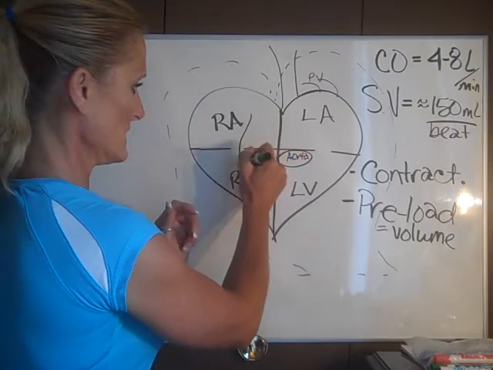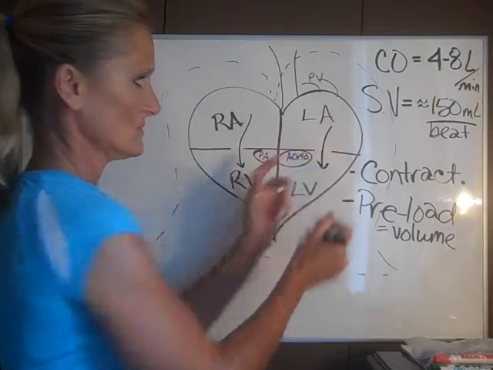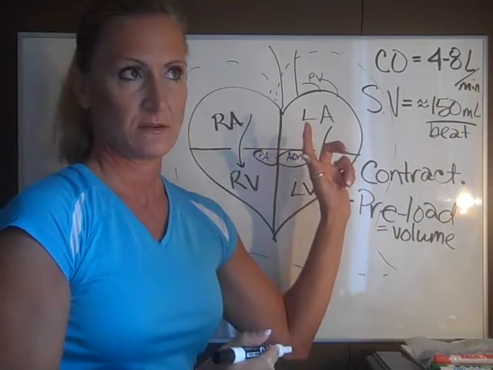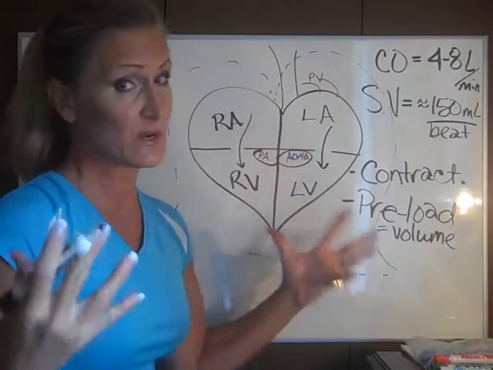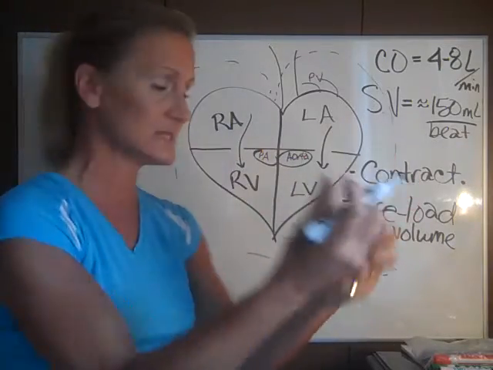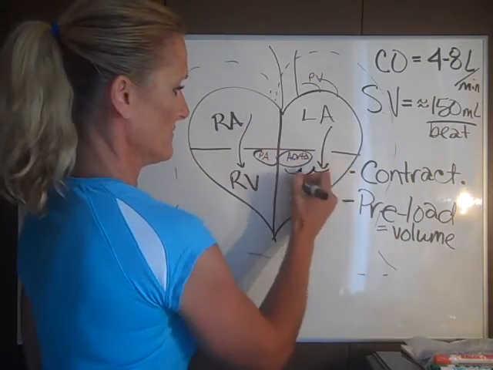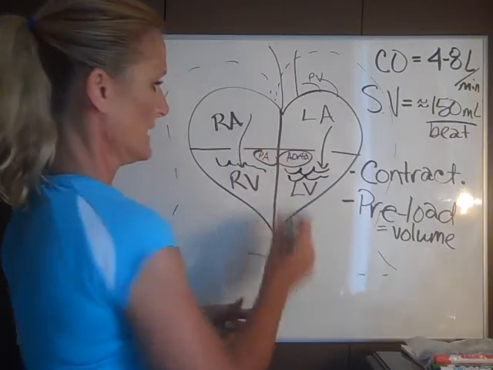The blood is dumping in here during diastole. And these ventricles are getting all filled up. They're getting ready for the big contraction, the big systole. So these are filling up with blood here.